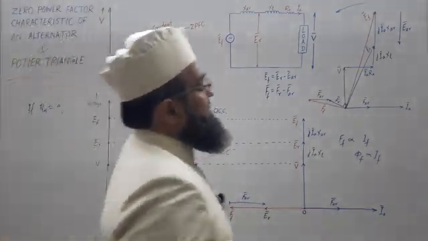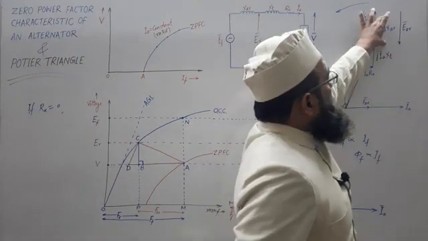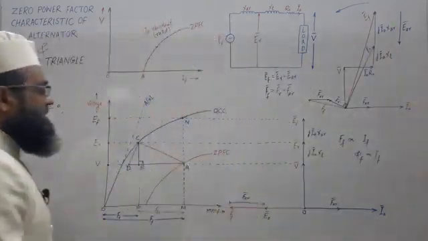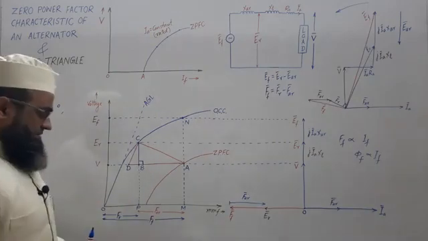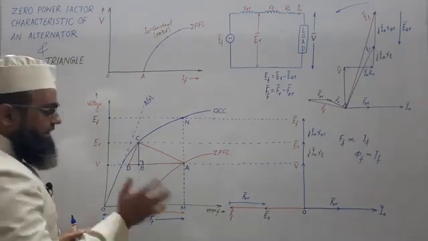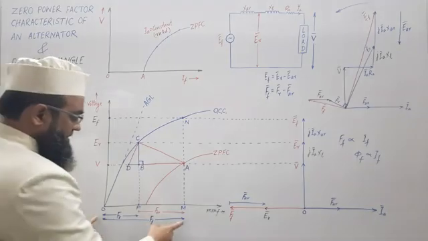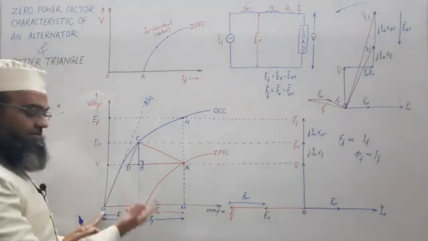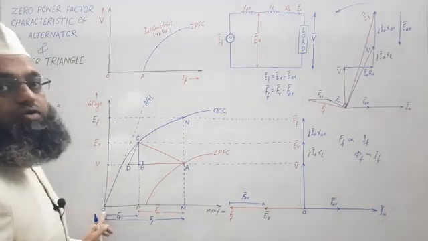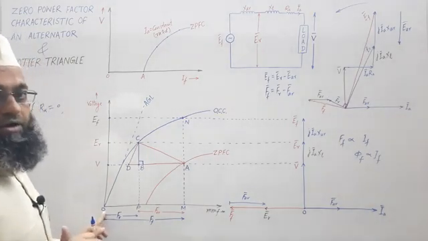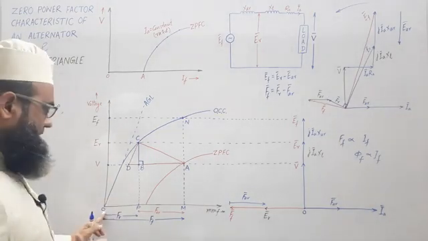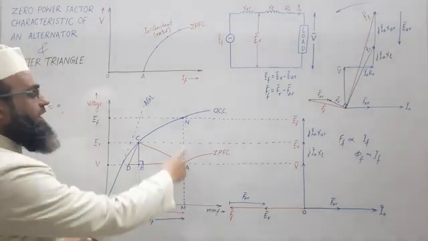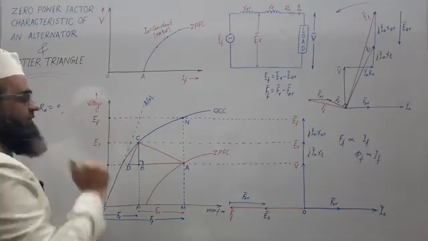So discuss one by one. For this drop and this drop, we will see that the net MMF, the resultant MMF, will be this FR once a purely inductive load is connected to the alternator. When load was not connected, field MMF was FF and the corresponding no load EMF was EF.